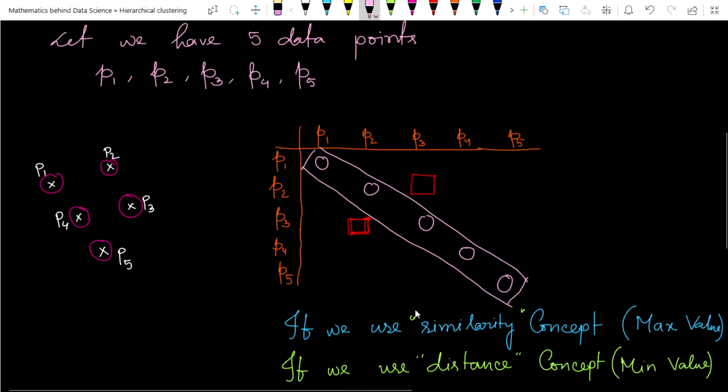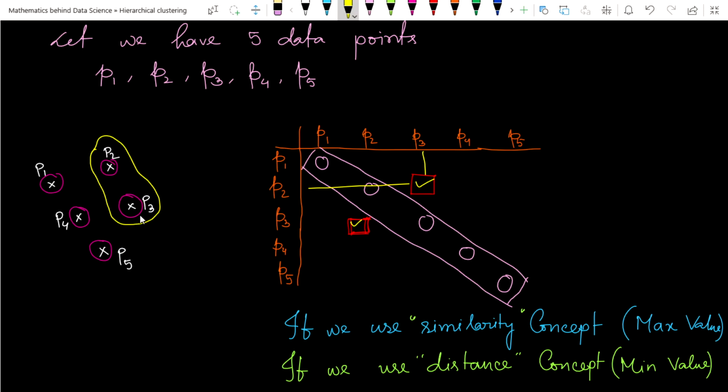Suppose we are using the similarity concept and we find that this is the maximum similar value. These two, P2 and P3, are the most similar ones. Now we make this a single cluster, and the rest remain single clusters.